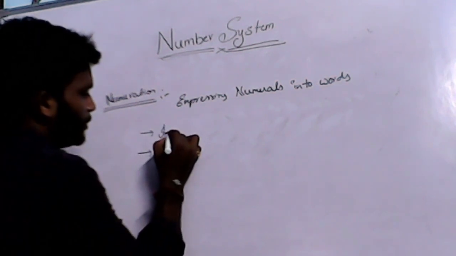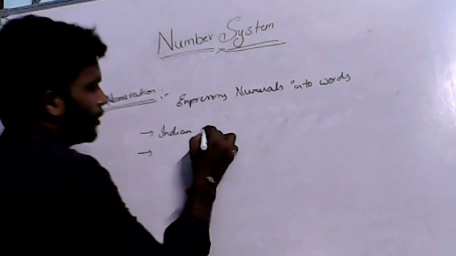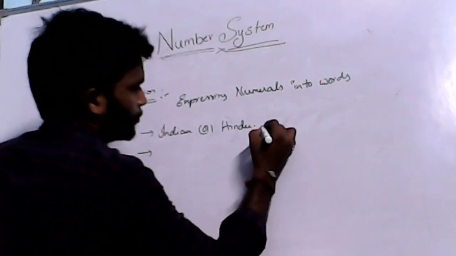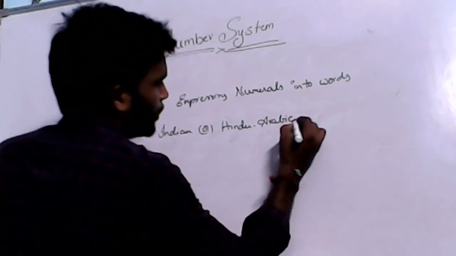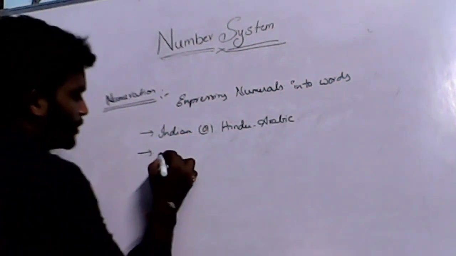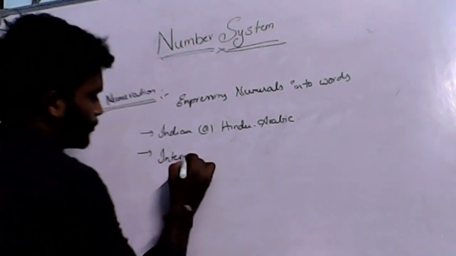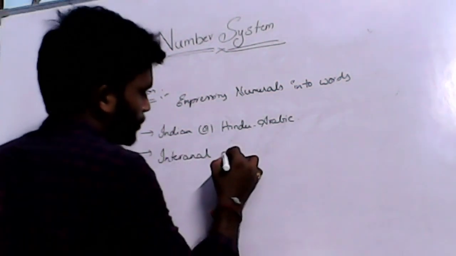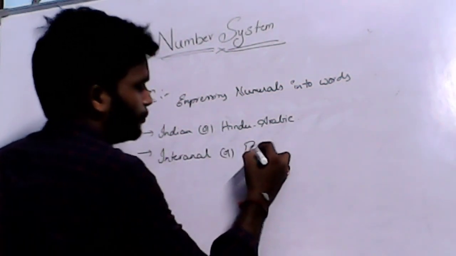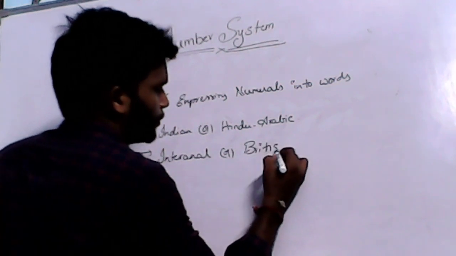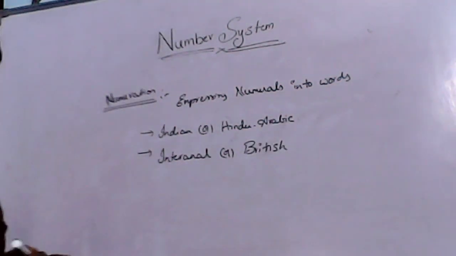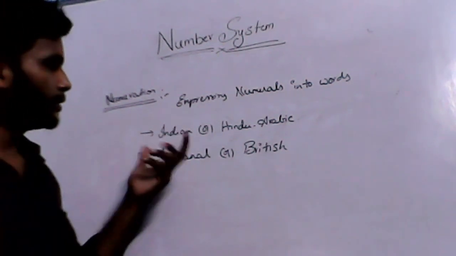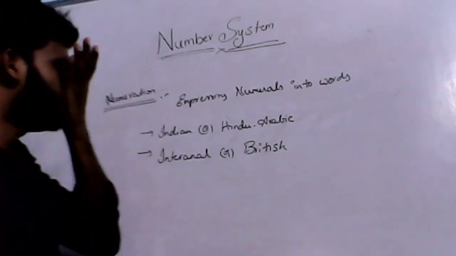One is Indian, which is also known as Hindu-Arabic, which is mostly used in our country, and the second one is international, which is used abroad. International is also known as the British numeration system. So to express anything, we have two systems: Indian or Indo-Arabic and international or British.